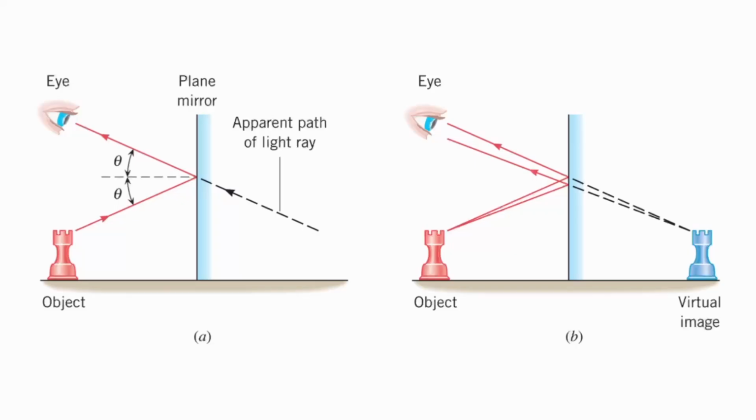Straight line. And so what our brain does is it sees these real rays coming into our eyeballs, and it traces those real rays straight backwards, creating an image in a place where it cannot possibly be.